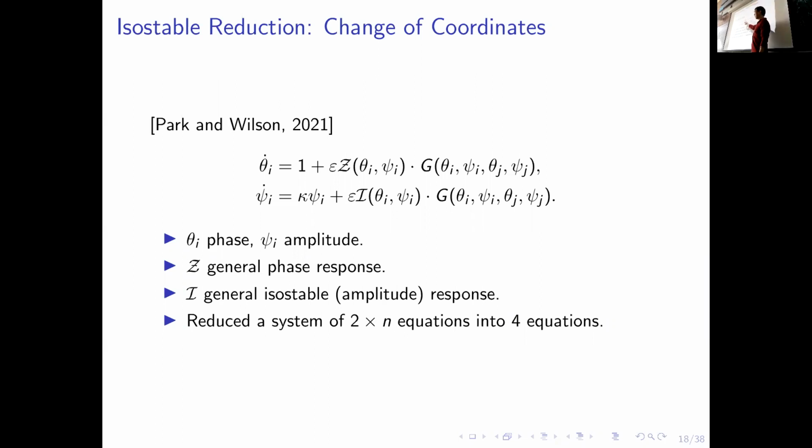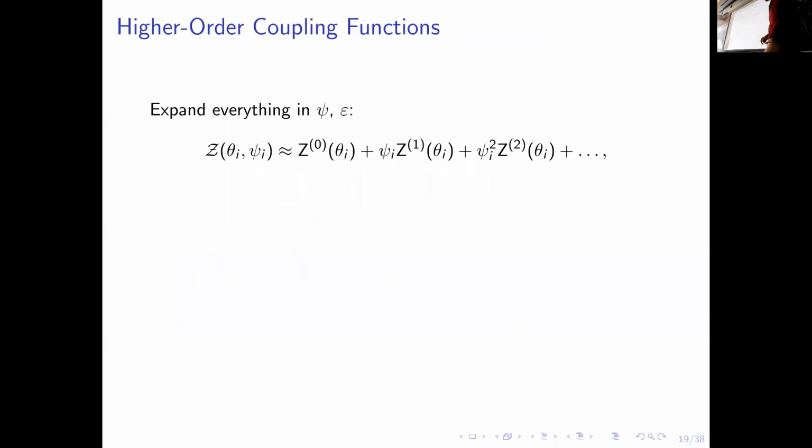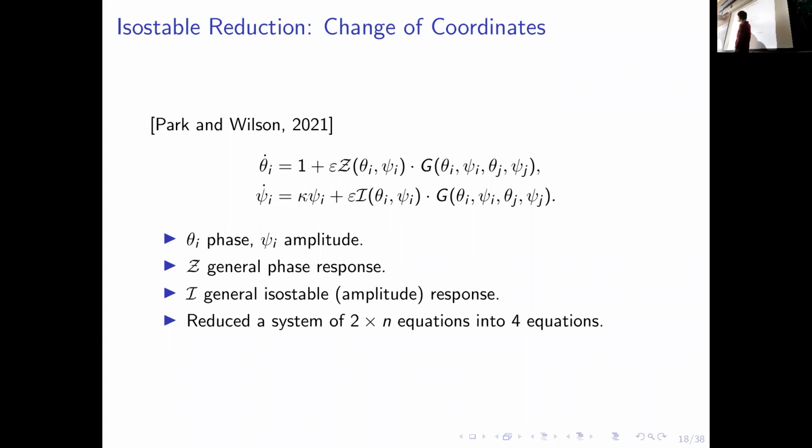People have been working in the past 10 years or so to figure out how to calculate this efficiently. But point being, we know all the terms here. What we've done is reduce the system of two equations and variables into phase-amplitude equations. So it's a pretty good reduction.